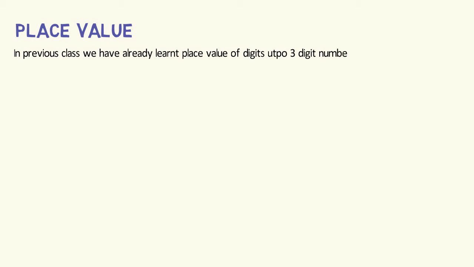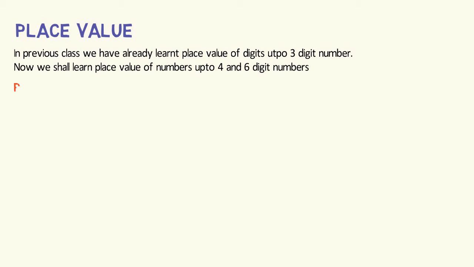Place value. In Class 2, we learned place value of digits up to 3-digit numbers. Now we shall learn place value of numbers up to 4 and 6-digit numbers. Place value of 4-digit numbers.